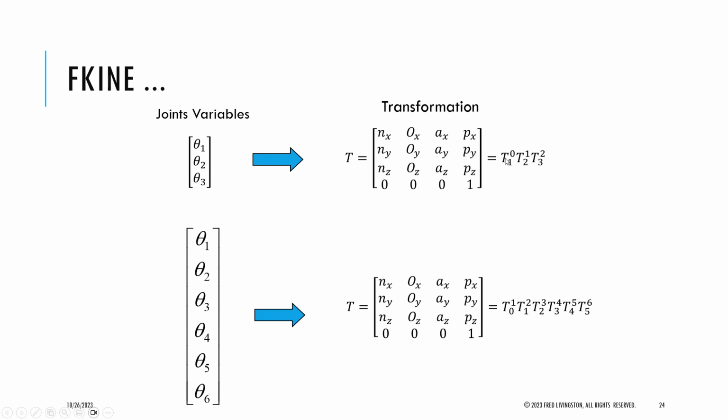I'm going to explain this, but it's going to be a series of 3 transformations, one for each degree of freedom. You still get a 4x4 matrix out with the position and orientation. To compute that 4x4, it's a series of transformations: 0 to 1, base to the first degree of freedom, the first to the second, and the second to the third.